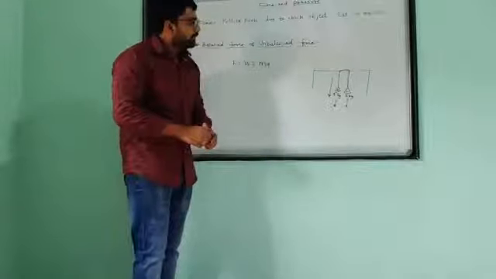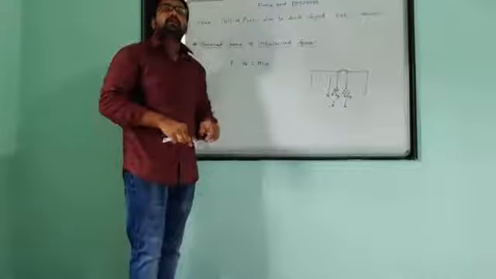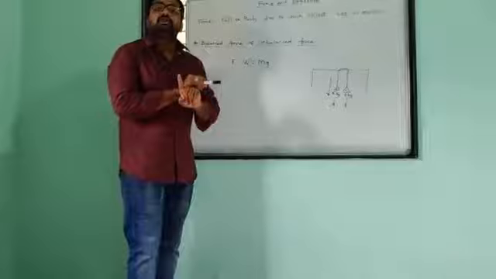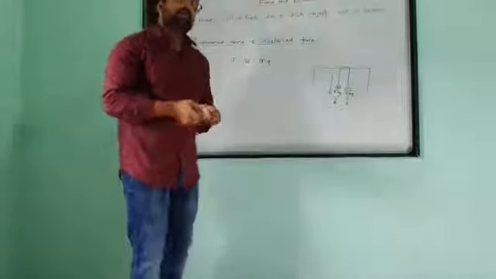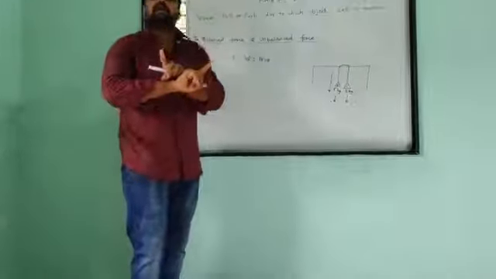So simply, balanced force means equal forces, and due to the application of equal forces, motion is not possible. Or if motion is in progress and we apply equal force, then we cannot stop that object.